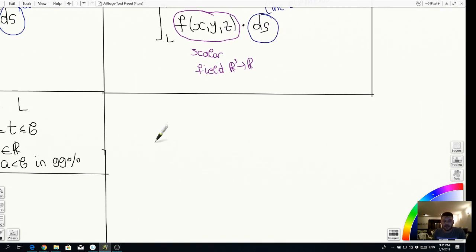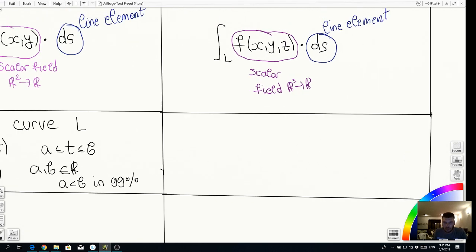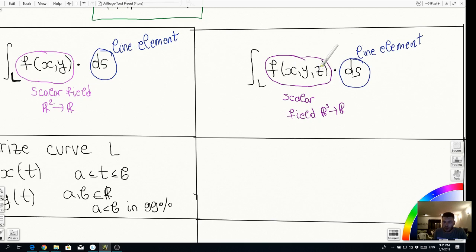So let's see three-dimensional case. Very similar. We only have one variable more.